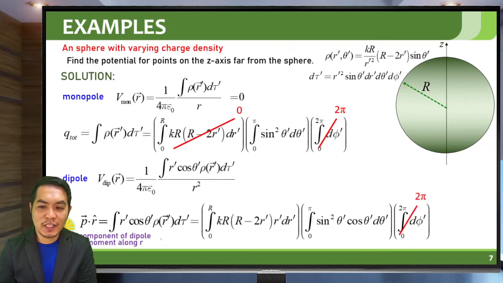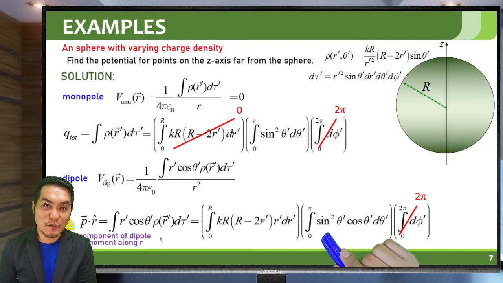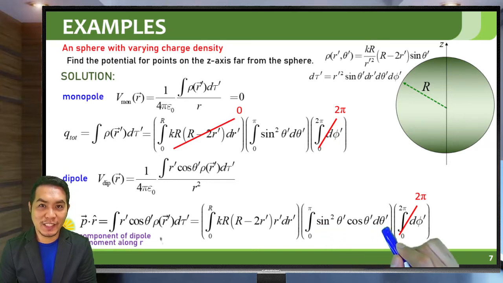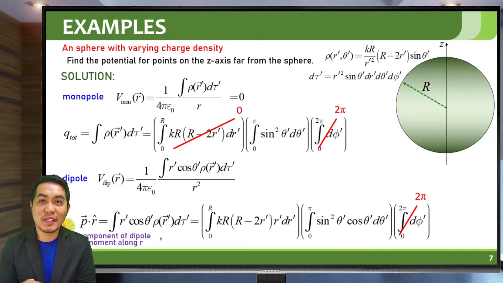Again, the phi integral is 2 pi. This theta integral is actually very easy to solve. You just let u equal sine theta. Therefore du, the derivative of sine, is cosine theta d theta. So this will be u squared du. The integral of u squared du is just u cubed over 3.